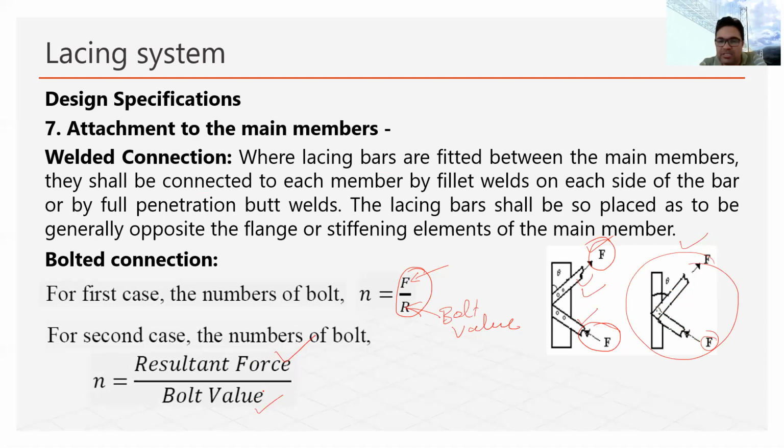The resultant force in this case will be 2F cos theta. Basically one force is going like this, and the other force is going like this, so the resultant force may be like this. This will be the R value, and the resultant for this will be 2 times F cos theta. So this is how we calculate.